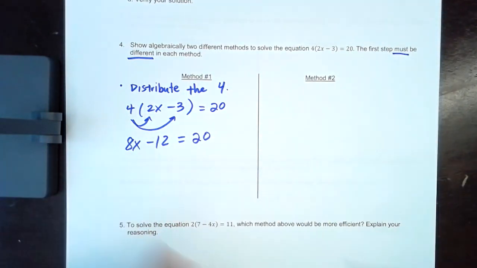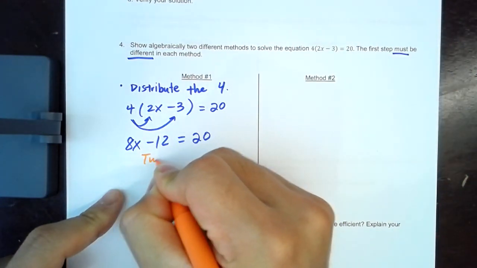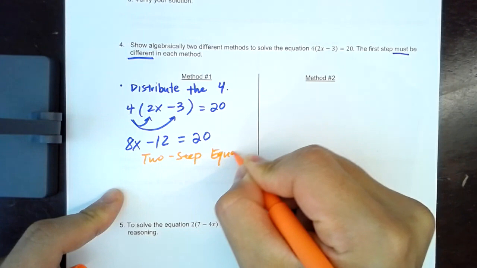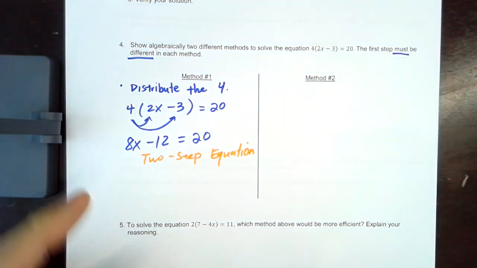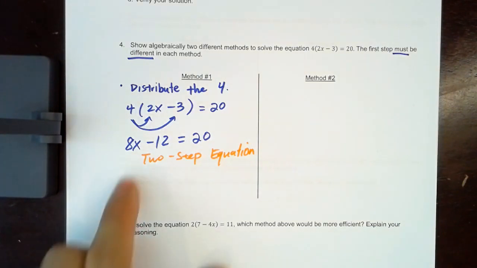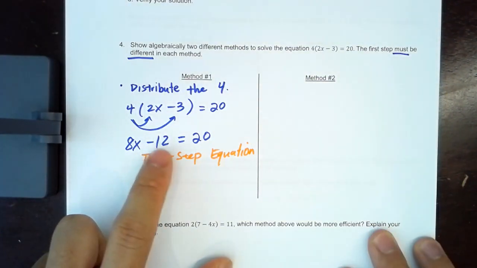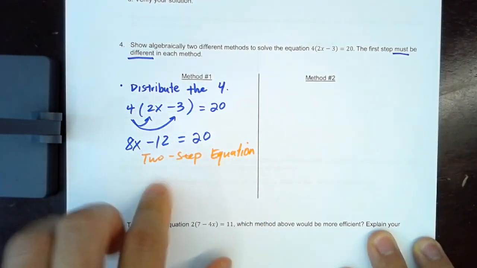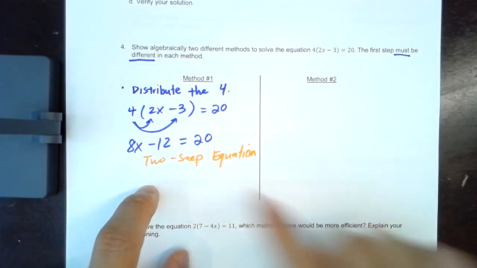And now here we have what we call a two-step equation. Okay? And when you get to this point, you should feel very comfortable because you know, oh, I'm trying to isolate the variable. All I have to do is get rid of this constant first, push it to the other side, or just cancel it by doing the same thing to both sides.